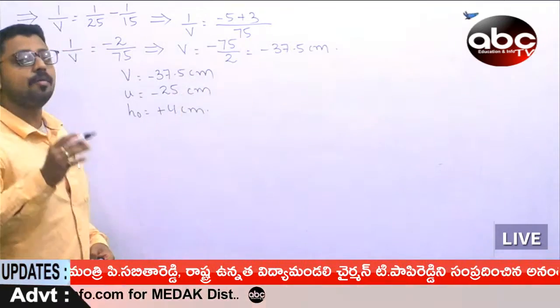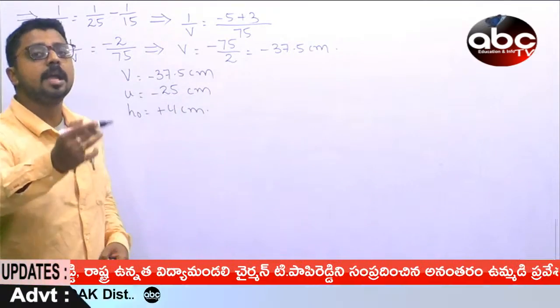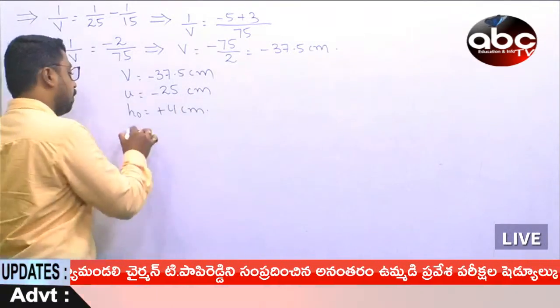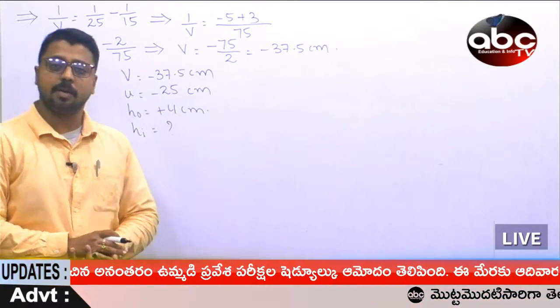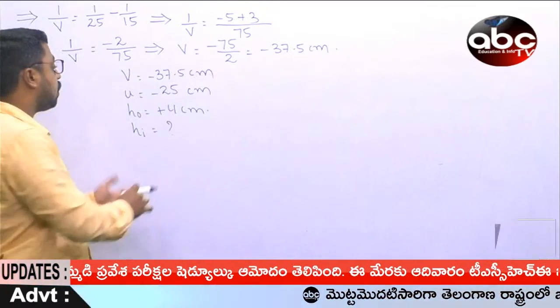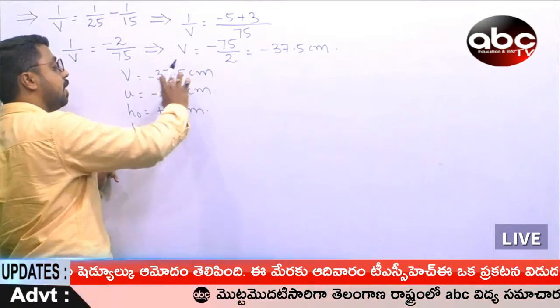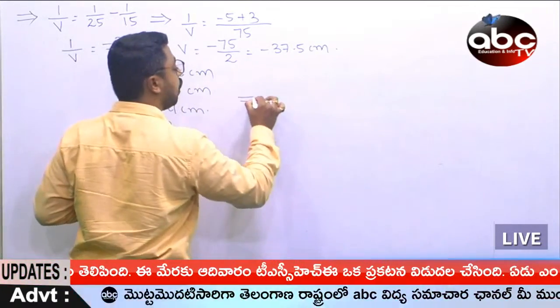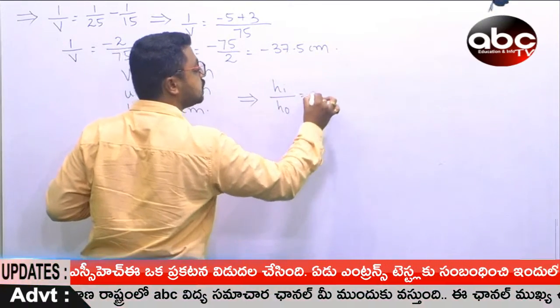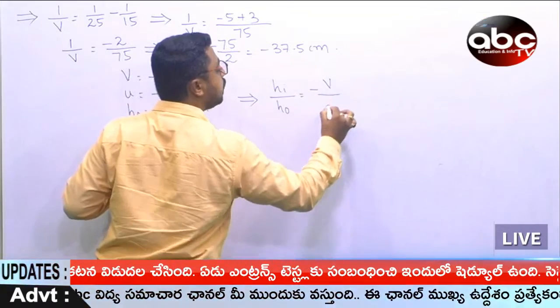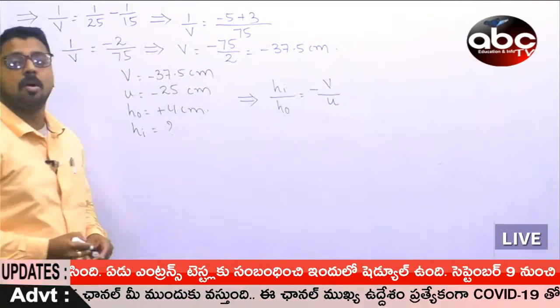In order to find what type of nature of image we are going to get, we require the height of image. That means what are we going to expect? We are going to combine these two formulas in the form of height of image by height of object is equal to minus image distance by object distance.